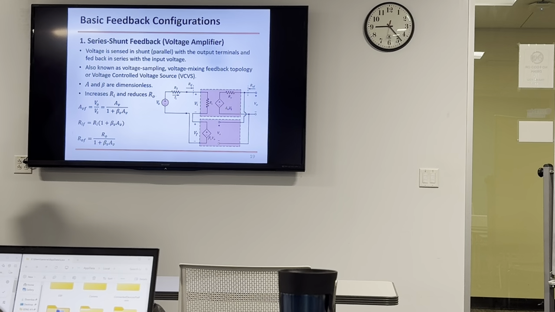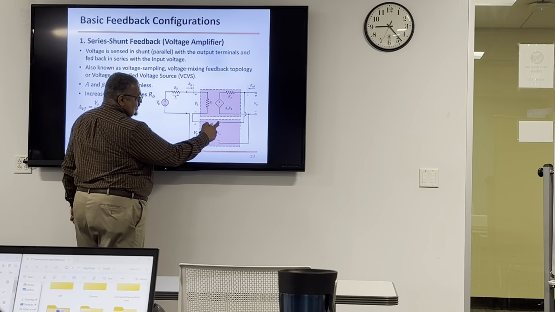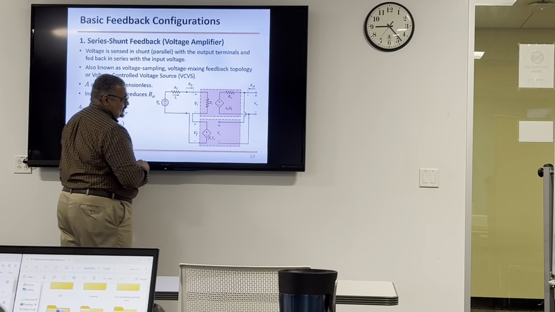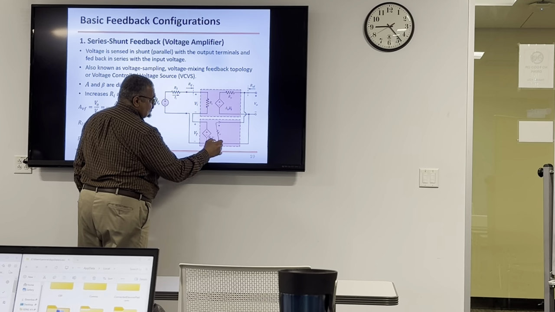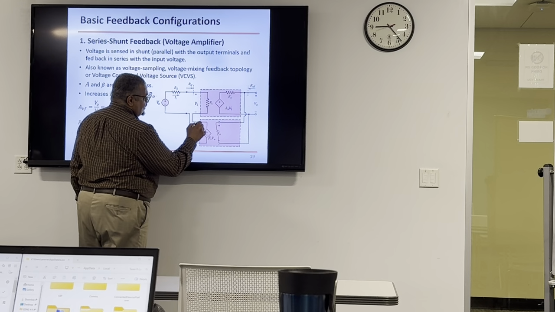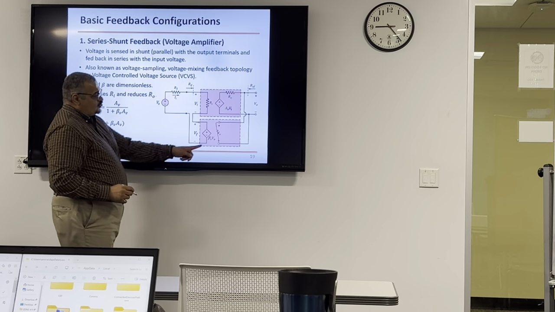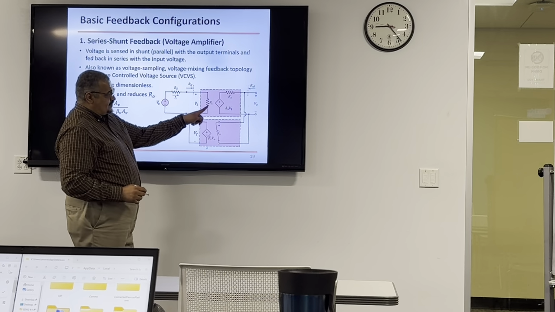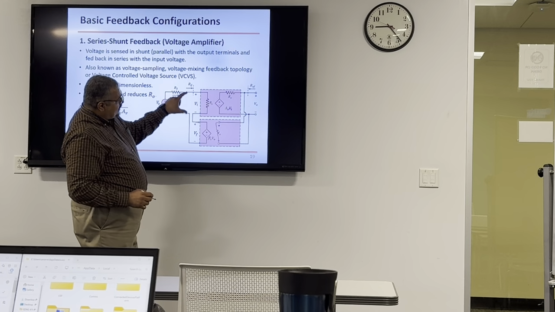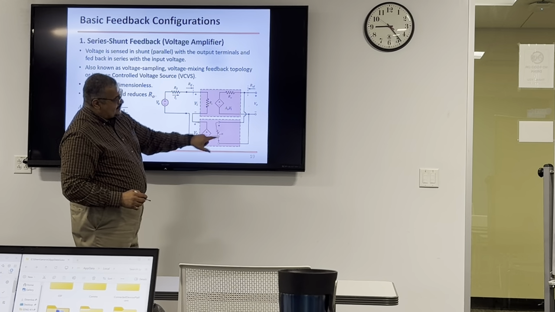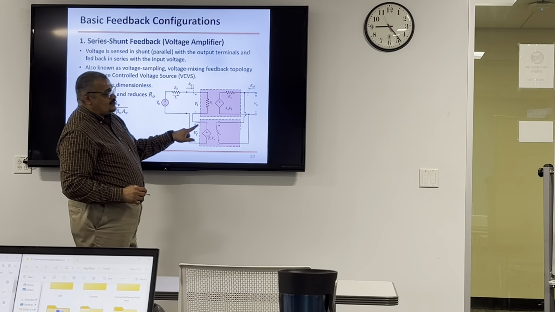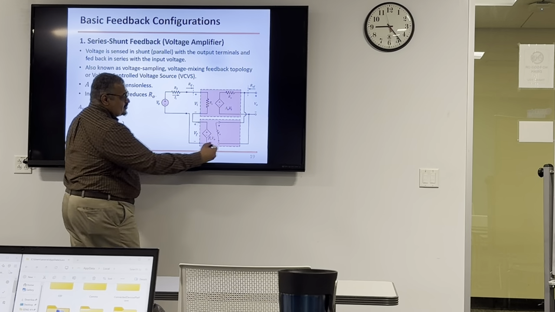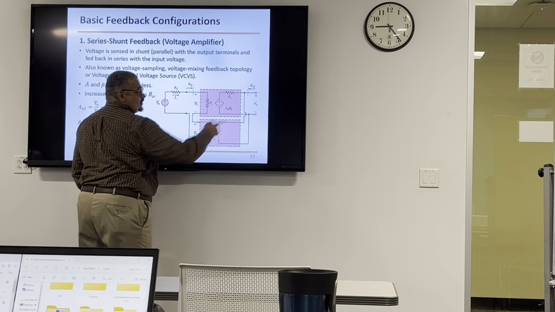However, if you have an impedance here, because this is not an ideal circuit, most likely you're gonna have another resistance here, and another resistance here, because this is also an amplifier, similar to this one. So this one has an input differential impedance, this one also has an input differential impedance. This one has an output resistance, this also has an output resistance. But this one goes this way, this one goes this way.